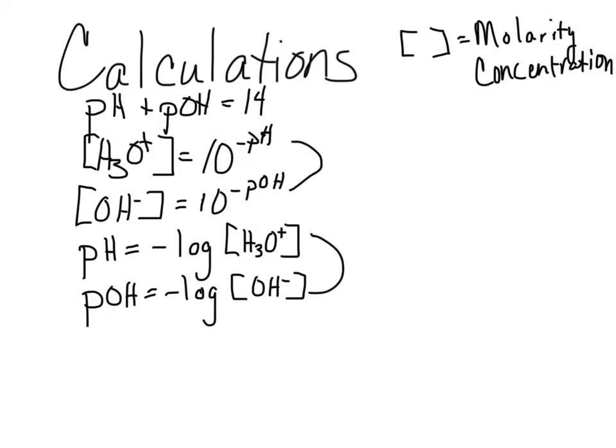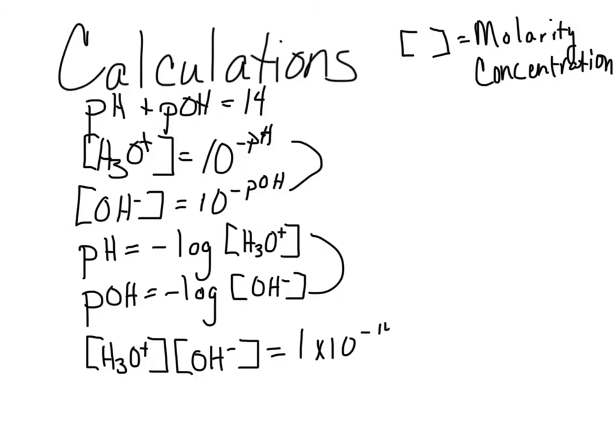They're just looking at pH and H3O+ or pOH and OH minus. Now our concentrations are related to each other. H3O+ and OH minus of the same solution, when multiplied together, will equal 1 times 10 to the negative 14th. So a combination of these 6 equations can help you solve any and all of the required calculations to describe any acid or base solution.